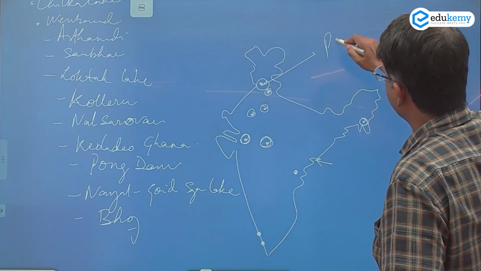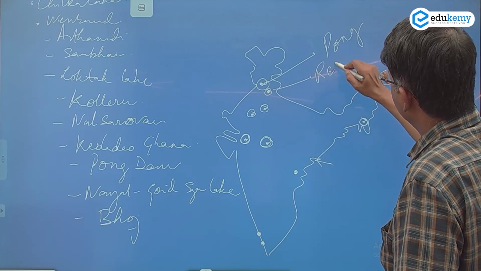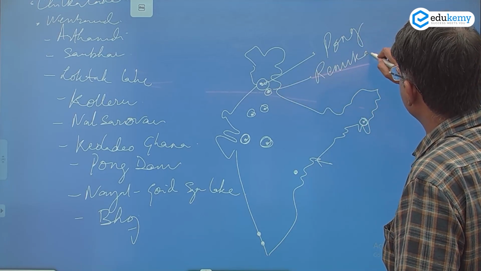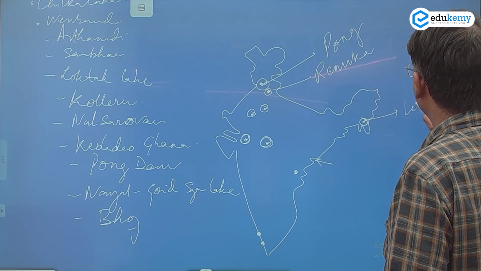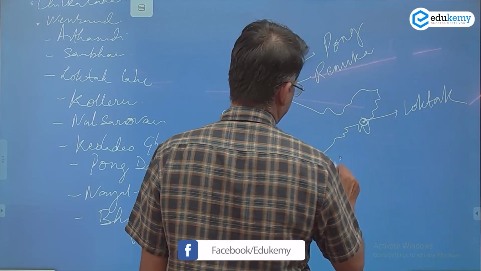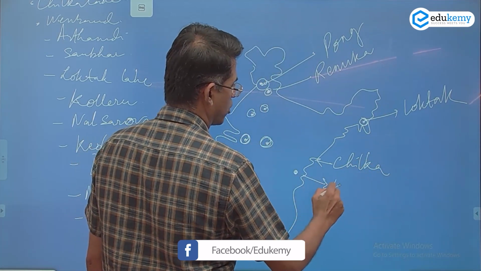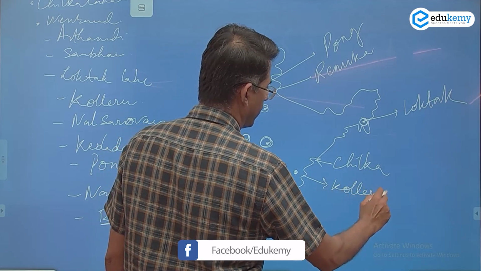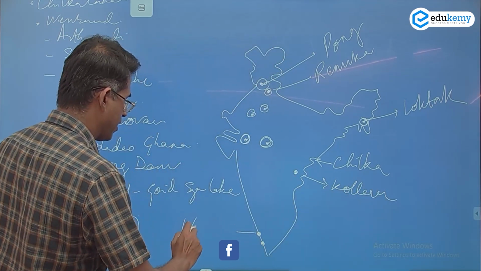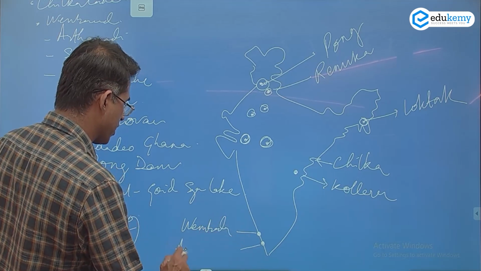This is Pong Dam. This is Renuka. Renuka is the smallest wetland of India. This is Loktak Lake. This is Chilka. This is Kolleru. Vembanad. This is Ashtamudi.